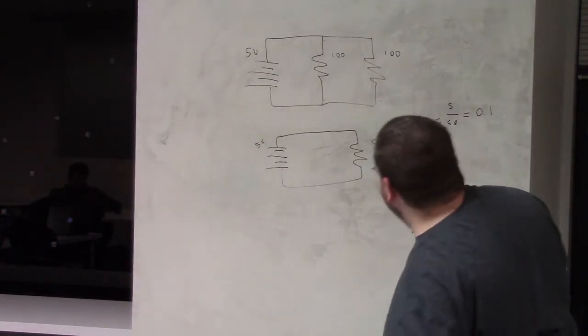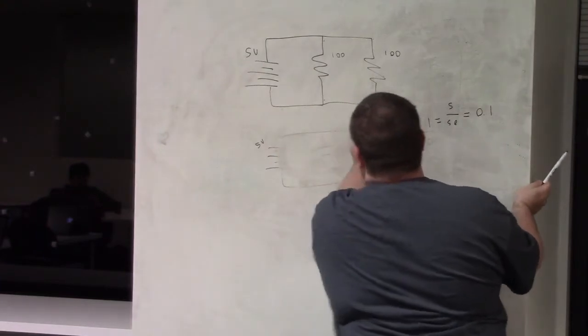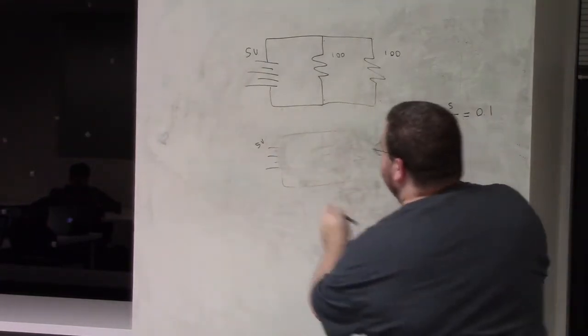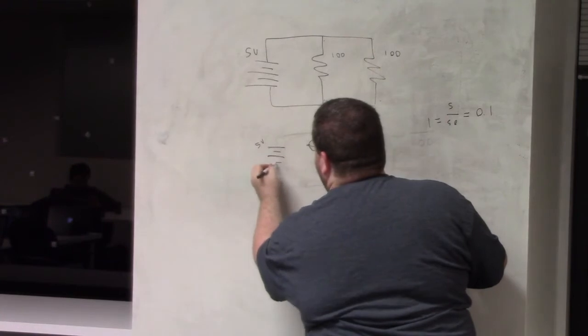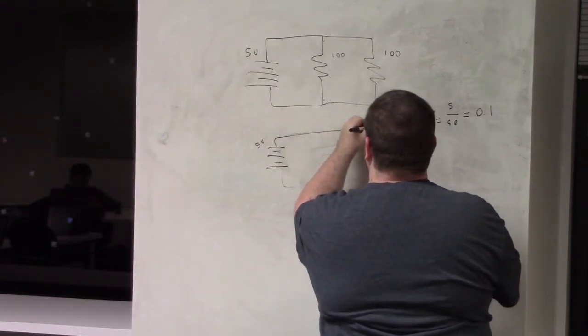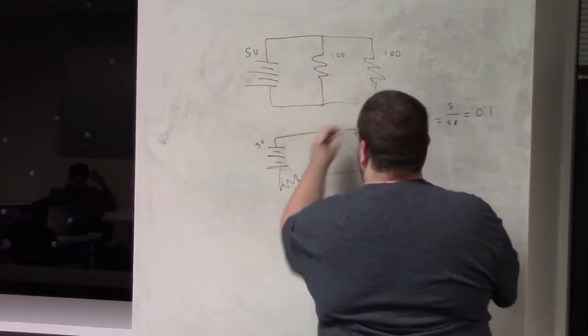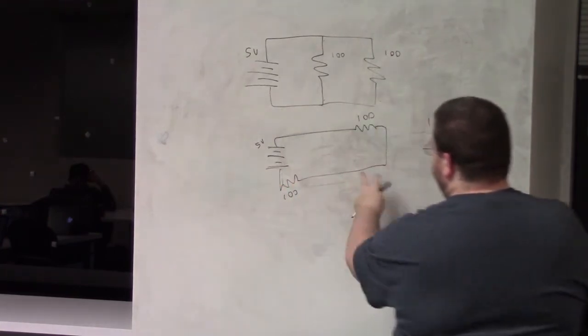If we have them in series, now things are a bit different. Remember that the light bulbs are physical devices, they're not going to change. Pretend that I drew this over here.